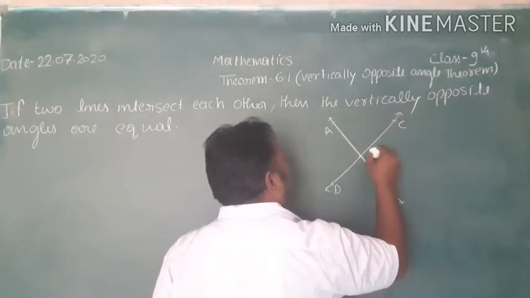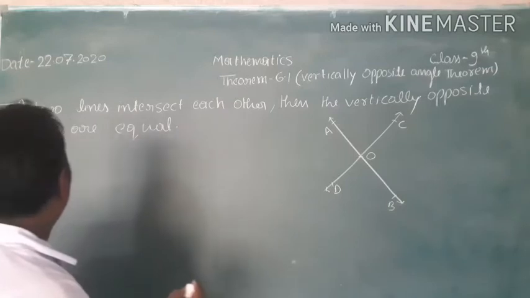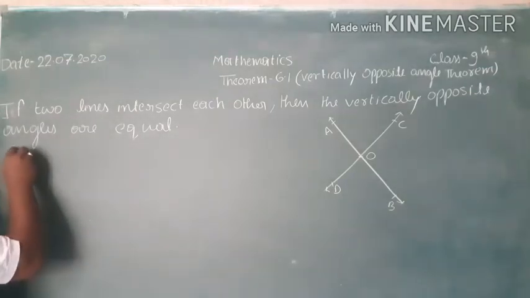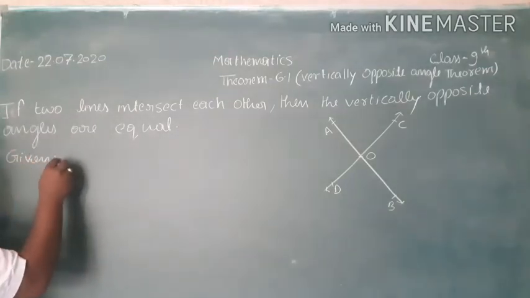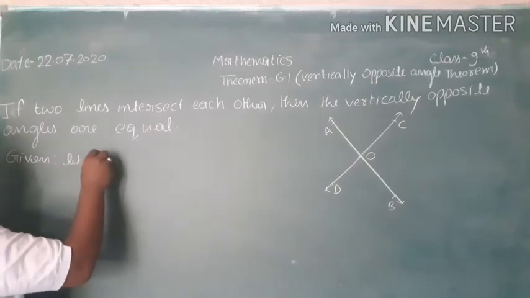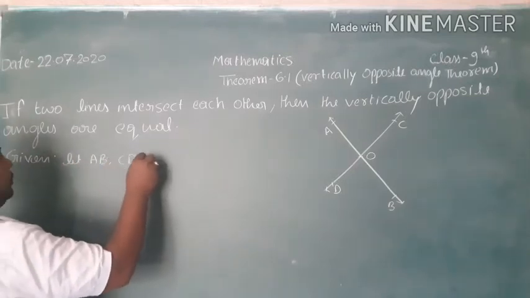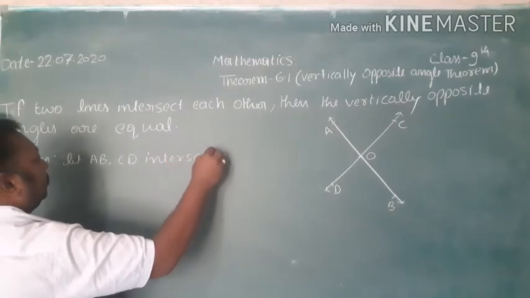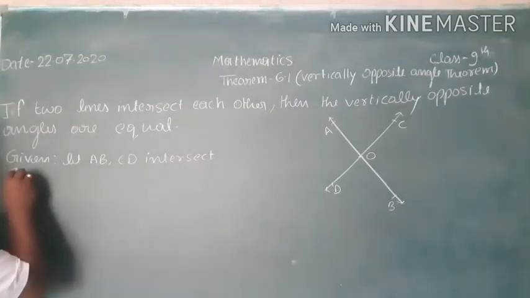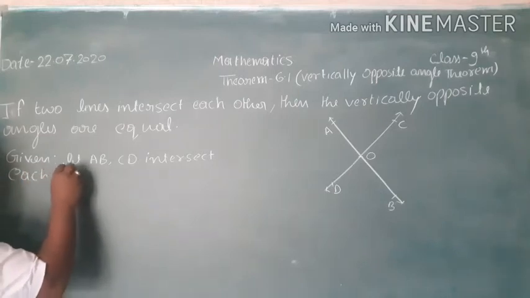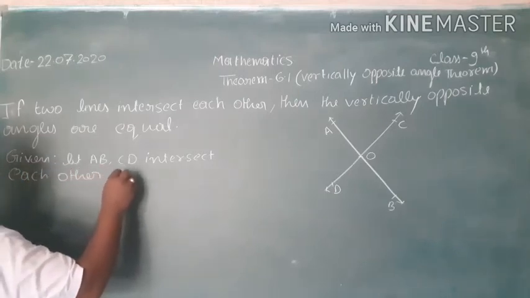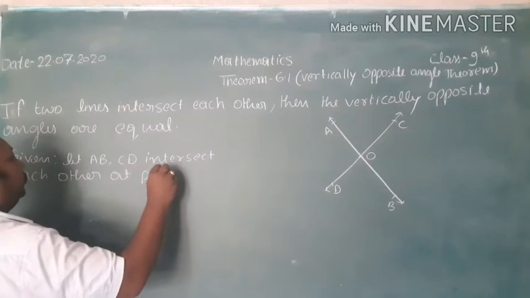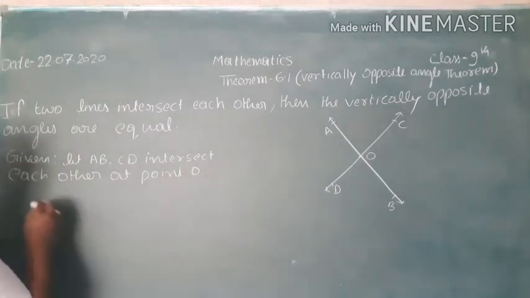Both lines intersect each other at a point O. So, in given, we write down: let AB, CD intersect each other at point O.